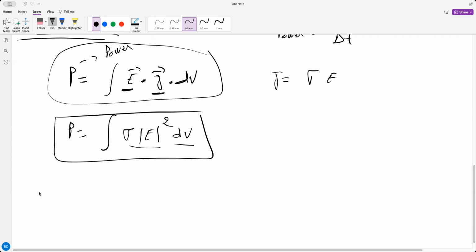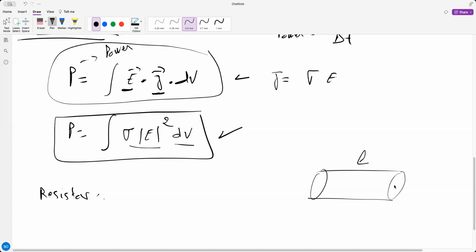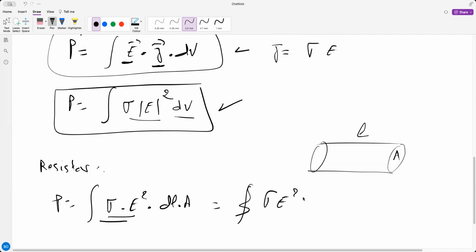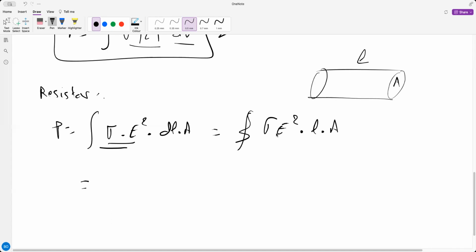In the case of a resistor, with length L and area A, the power will be equal to sigma times E squared times the volume, which is L times A. If I integrate, because those are constant, it will be sigma E squared L A. I can also write sigma E A times E L.